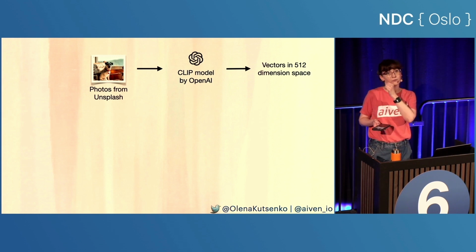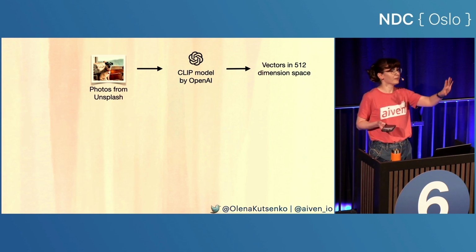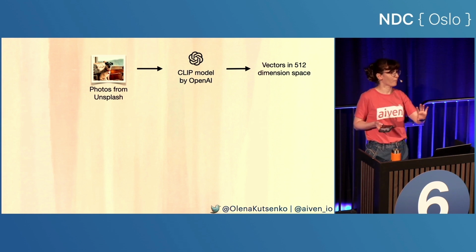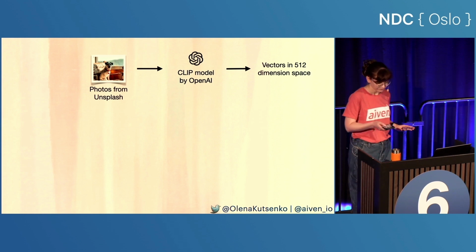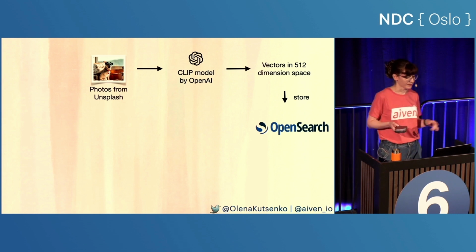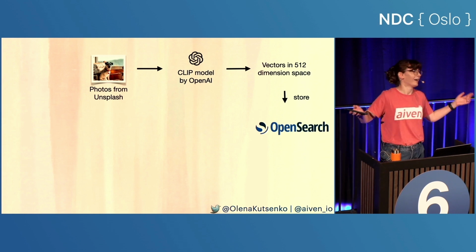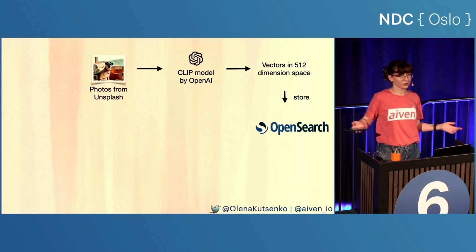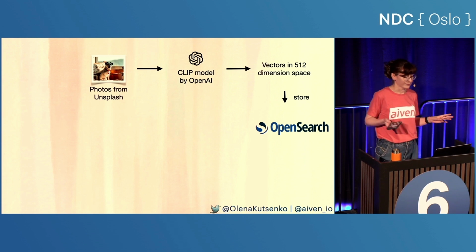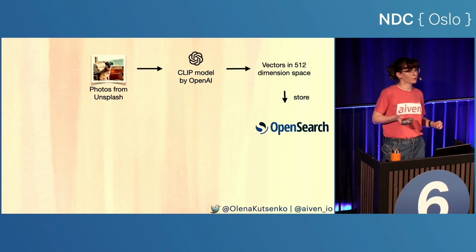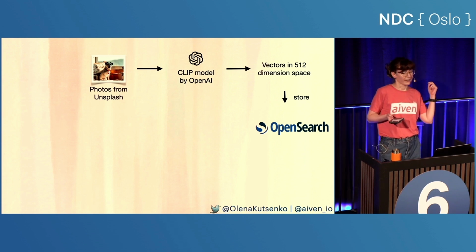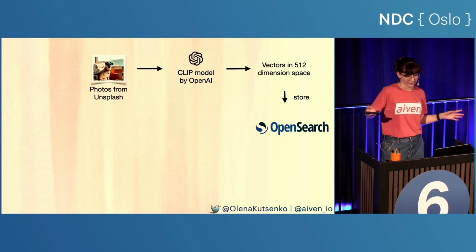It also has 512 dimensions, but again, those models are different. You can't really compare vectors across them. And then I'm storing the data, and this time I'm using OpenSearch. I love OpenSearch for all the visualizations you can do. It's a super amazing database, but it also supports vector search, and has indexing and all that stuff.